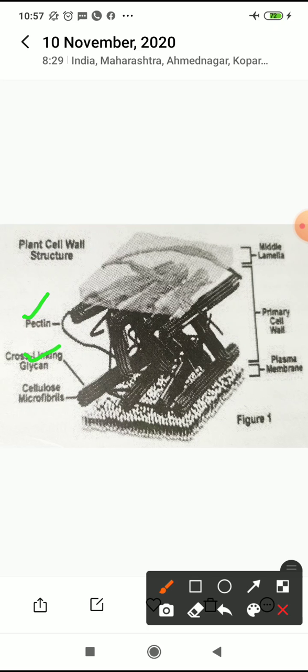In addition to these networks, small amount of protein is also found in primary cell walls. Proteins are thought to increase mechanical strength and may also work as enzymes which initiate reactions.